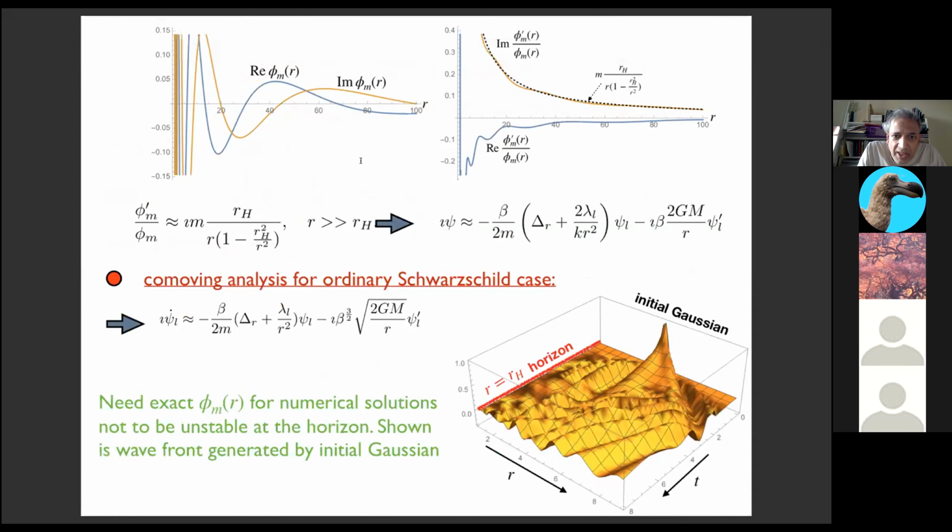So for our Tangle-Arini type solution, you can solve phi numerically. It looks like this, phi m, and for large r actually looks like this. You can see that the imaginary part decays to 0, and this other part looks like this. So then your effective Schrodinger type equation, there's a dot missing on the psi, but psi dot looks like this.